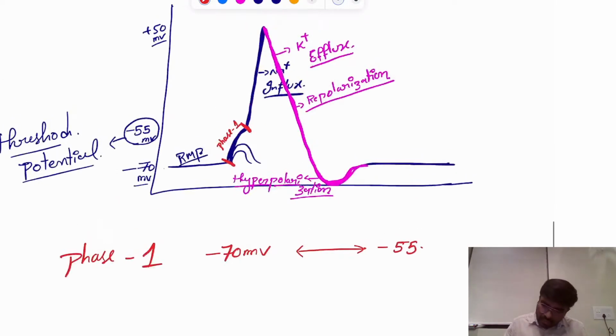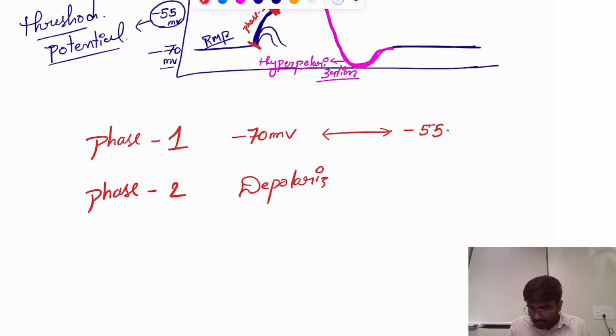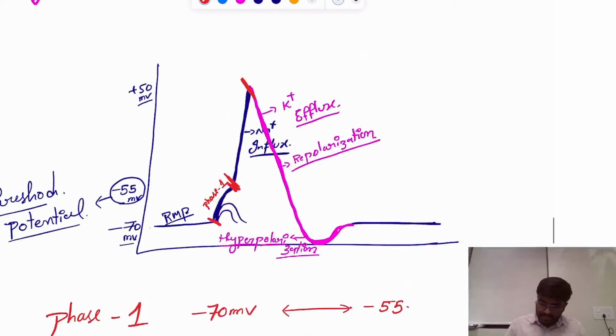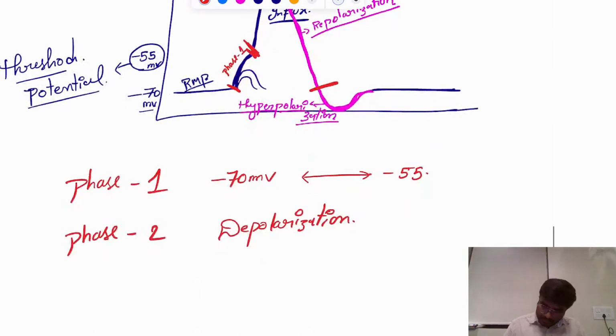Now, after phase 1, what do we have from here to here? What is the depolarization? That is called phase 2. Phase 2 is depolarization. Next, after depolarization, from here till here, repolarization.